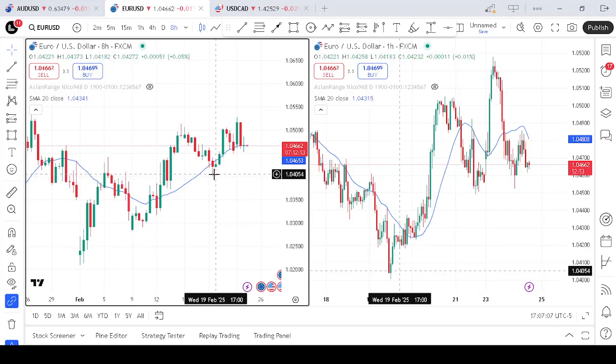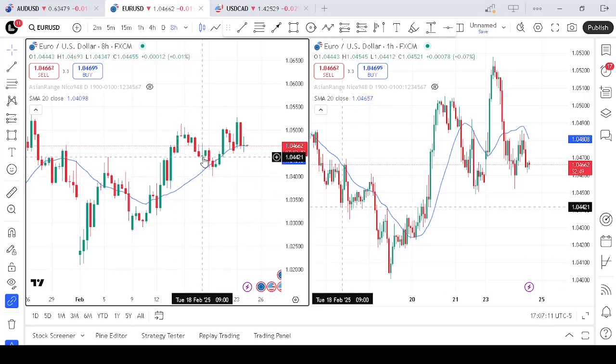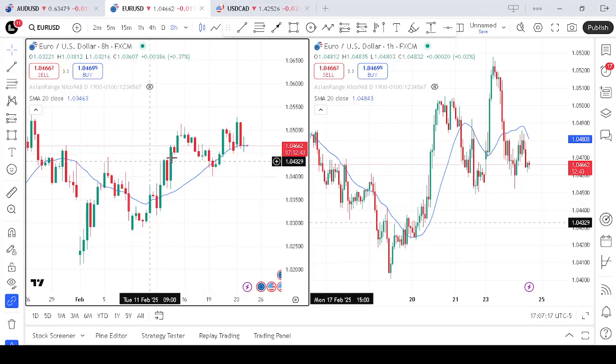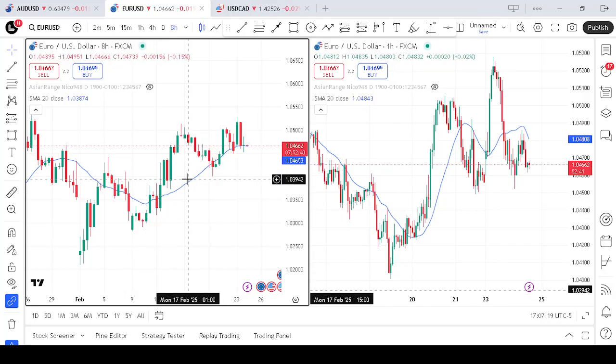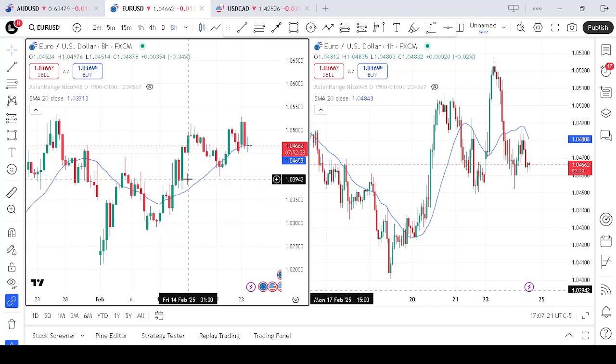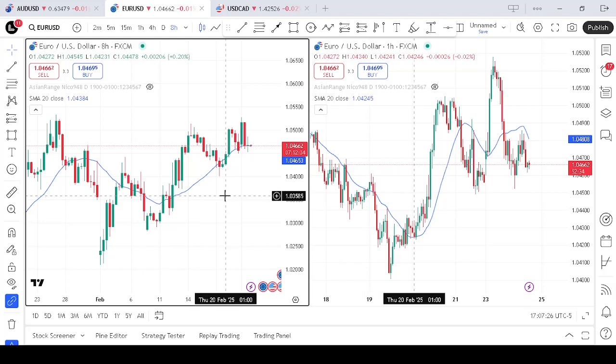Now, looking at the market overview, we can see that the 8-hour time frame presents a unique perspective of the forex market that many traders miss. When you open the chart, you will notice that you have three distinct trading blocks throughout the day, giving you a clearer view of the market structure without the confusion of shorter time frames.